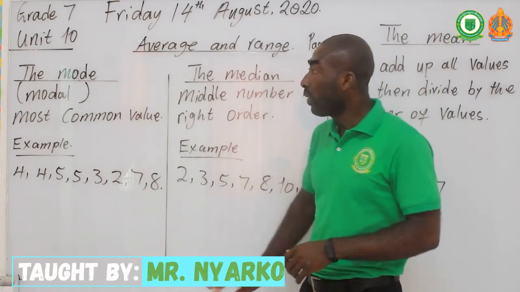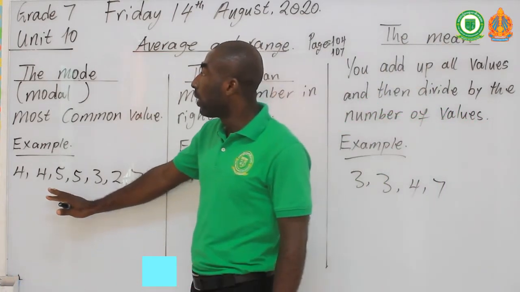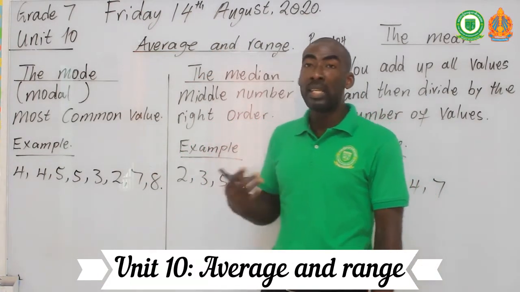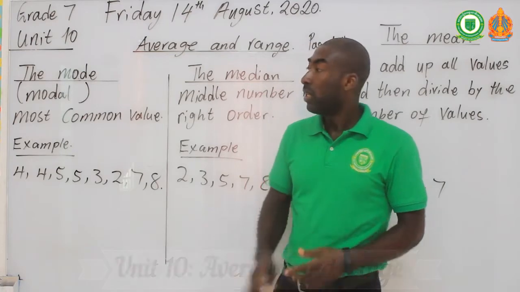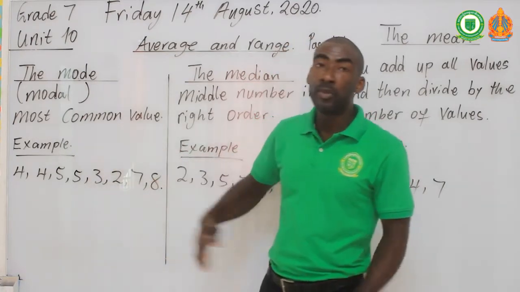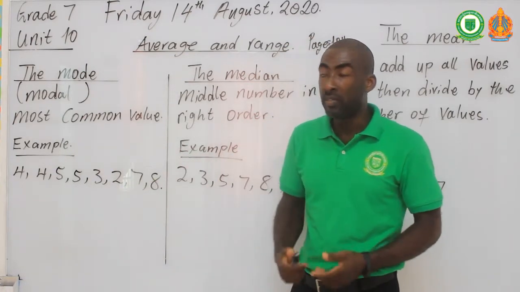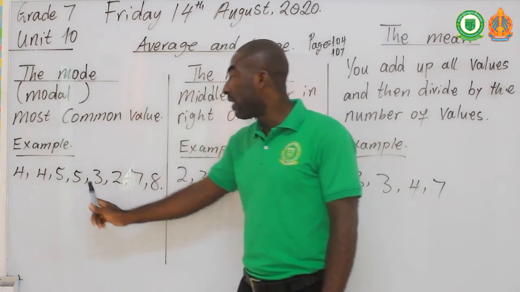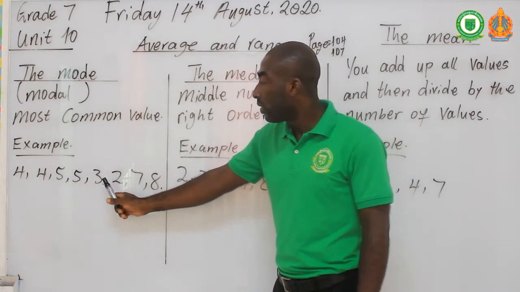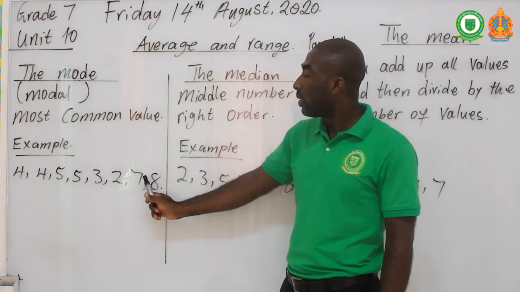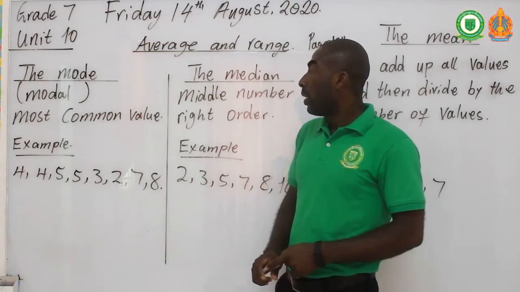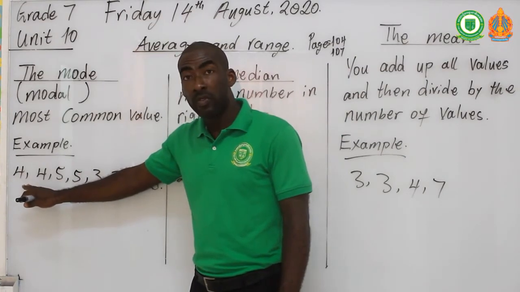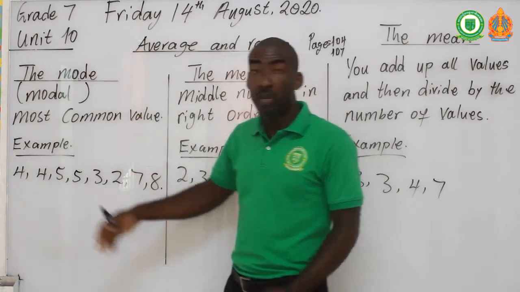We know that the mode average is the number that appears most, that is the most common value in the list. In this example we have 4, 4, 5, 5, and then we have 3, 2, 7, and 8. So we can see that we have 2 of 4s and then we have 2 of 5.